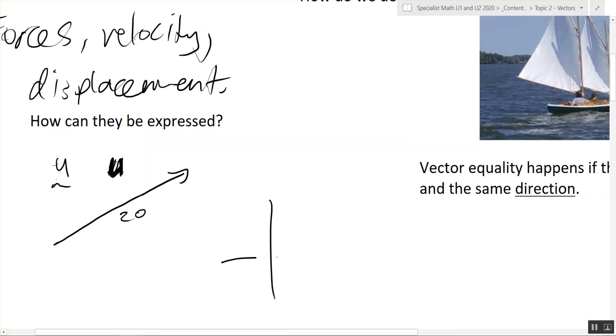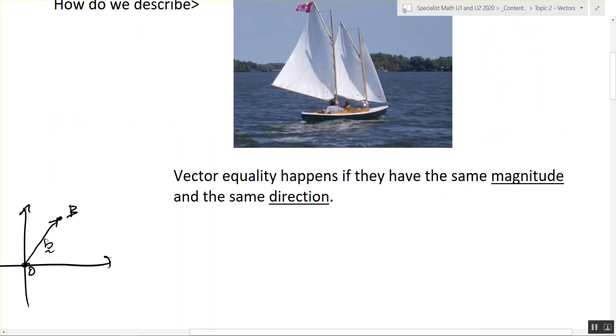Let's go back to the coordinate system, B. So we can describe this vector as the letter O and B in capitals with an arrow over the top. So this is another way of writing a vector. The same magnitude and the same direction.